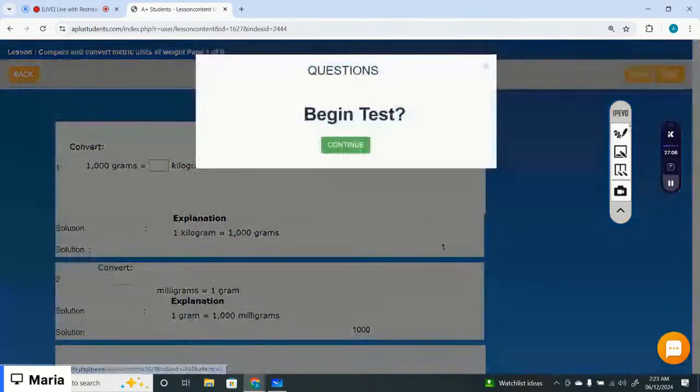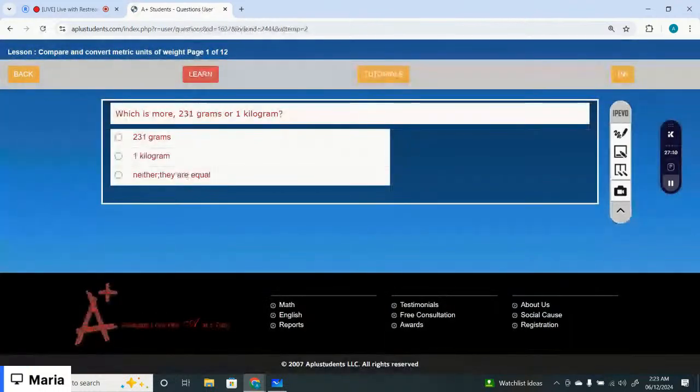Okay, let's just start with the test questions. Which is more, 231 grams or 1 kilogram? Which is the correct option?